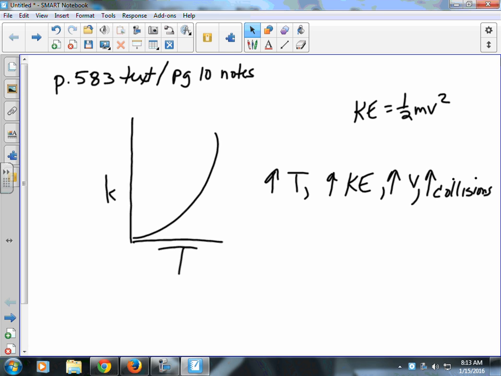The more collisions we have, the more reaction we have, and that changes our rate constant. The rate constant is related to temperature, to the particles, the reactants. Okay? So y'all good with that? Okay. Collision model.